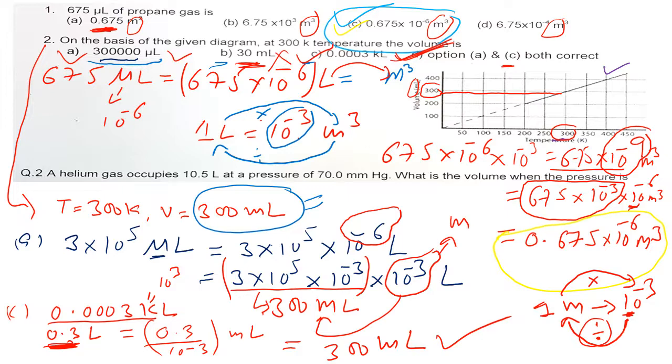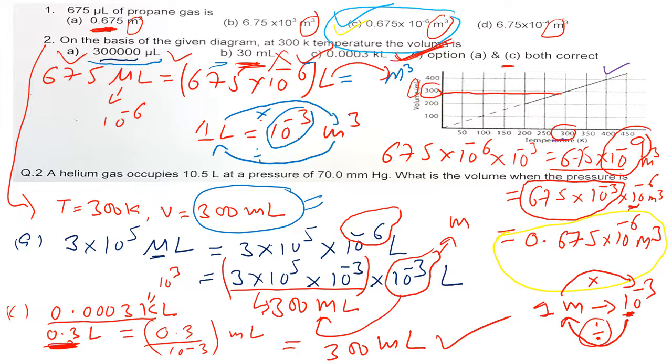So it is 10 to the power minus 3, and this total will come, 675 into 10 to the power minus 9 meter cube. If you see this power, the 10 to the power minus 9 is not coming here; here it is 10 to the power 3, here minus 6, and here minus 4. So you have to change this number a little bit into the form which is given here.